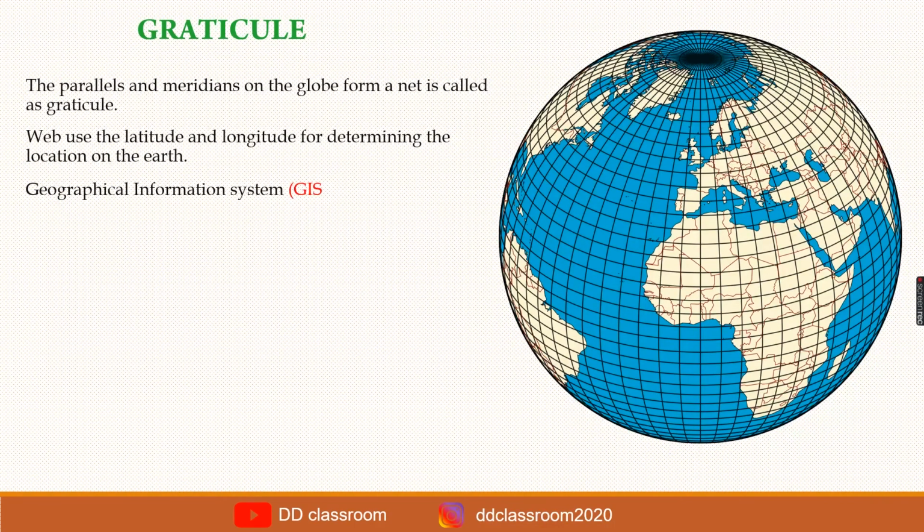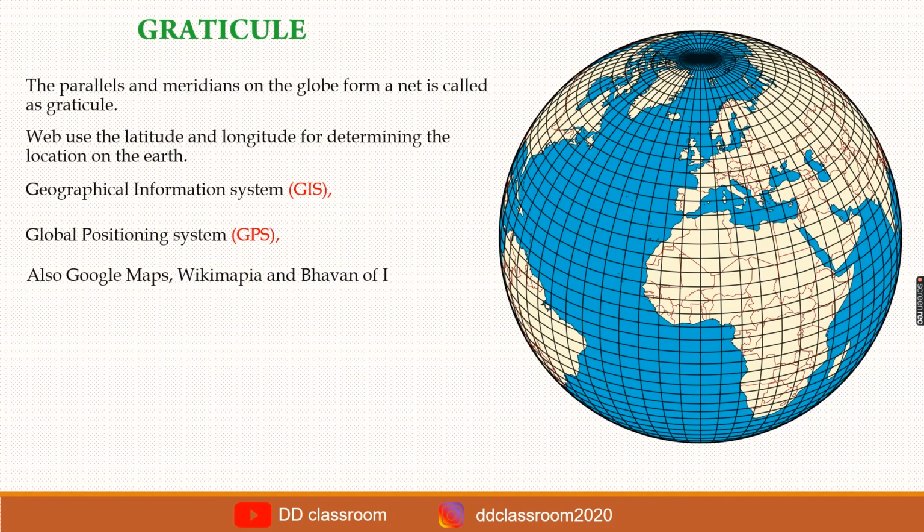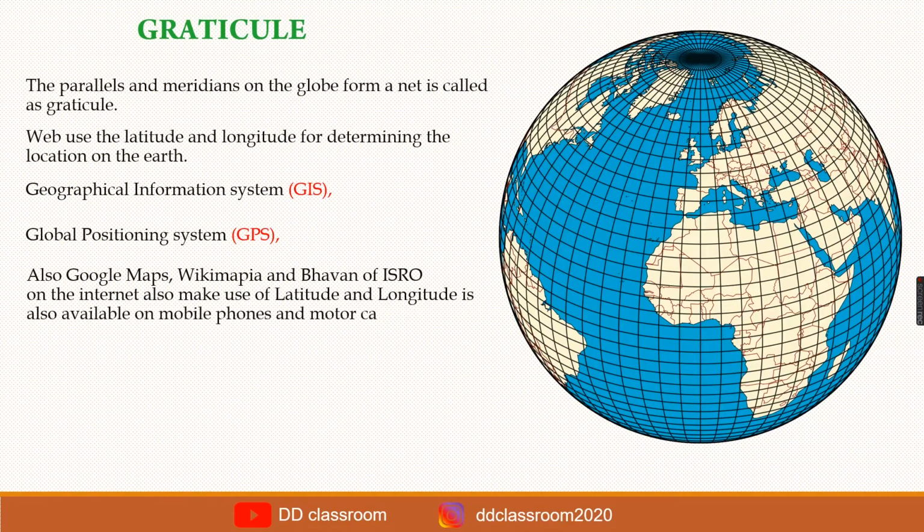Geographical Information System, that is GIS. Global Positioning System, that is GPS. Also Google Maps, Wikimedia and Bhuvan of ISRO on the internet make use of latitude and longitude, which is also available on mobile phones and motor cars.